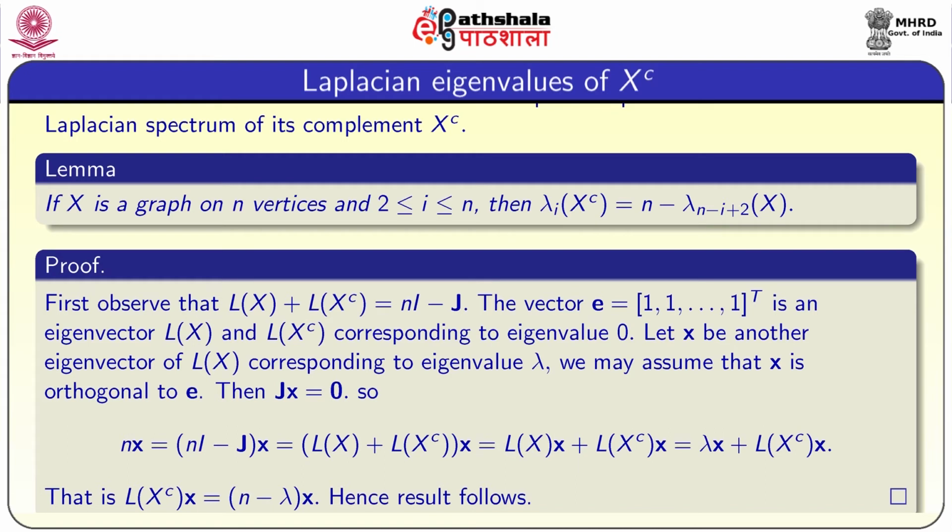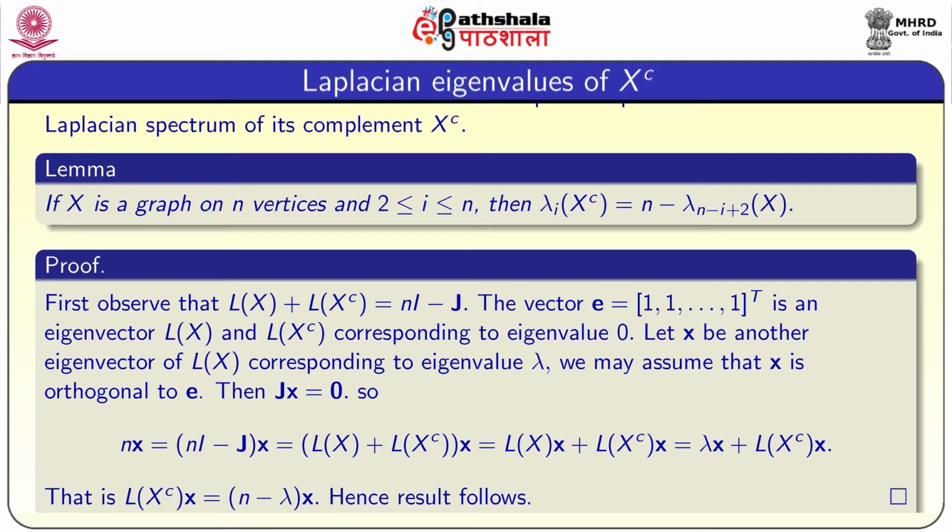So, nx equal to (nI minus J) x, which is equal to (L(X) plus L(X complement)) x, which is equal to L(X) x plus L(X complement) x, which is equal to lambda x plus L(X complement) x, as lambda is an eigenvalue of L(X) corresponding to eigenvector x.